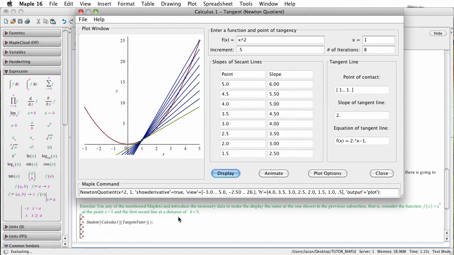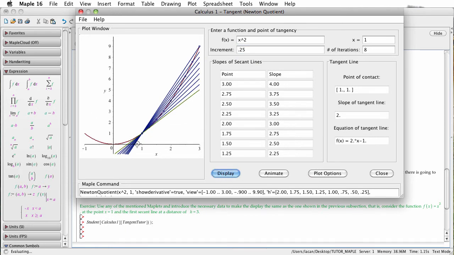We want to stand at a distance h equal to 2. Okay, just put it like this. Instead of 3, I'm going to do it at a distance 2. This means the point 3. Okay, I'm changing h equal to 3 to h equal to 2.